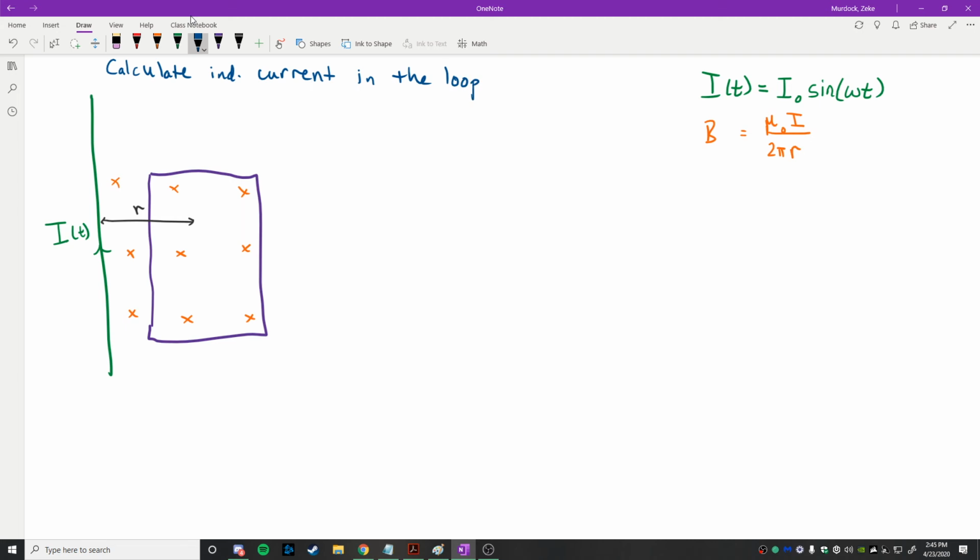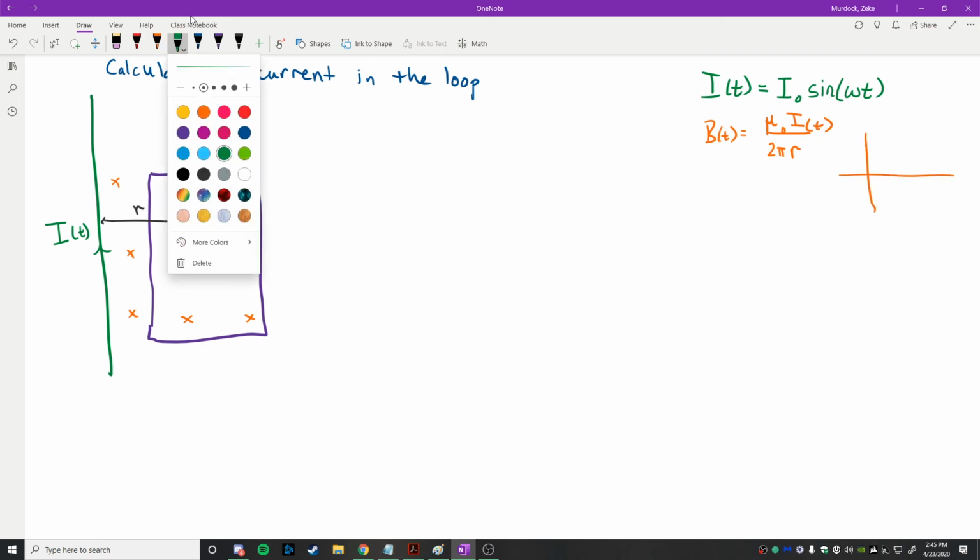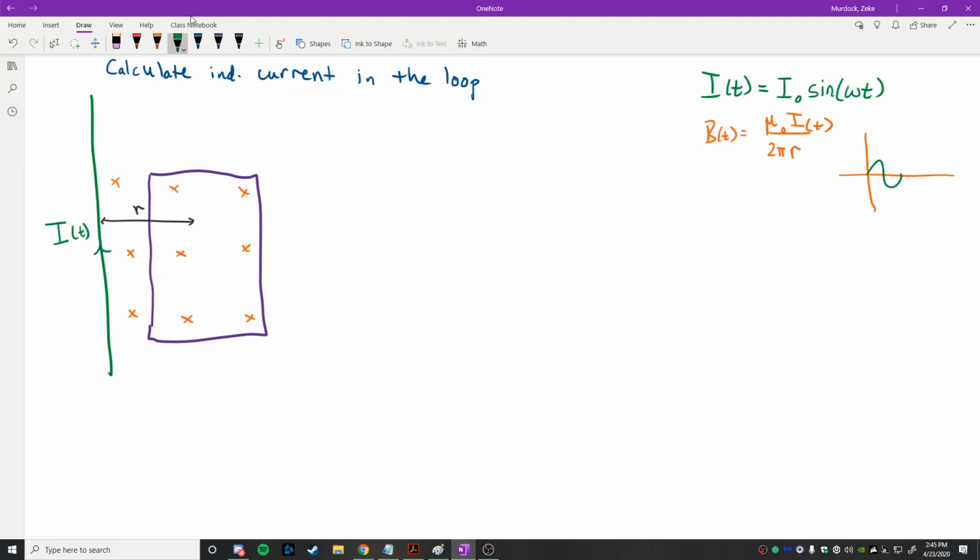So we've got a sinusoidally varying current, which has the effect of creating a sinusoidally varying magnetic field, right? It varies as a sine wave. So this magnetic field is going to point into the page when the current goes this way, but eventually the current's going to turn around and go the other way, right? Because this current, if you think about it, is going to undergo a kind of effect like this.